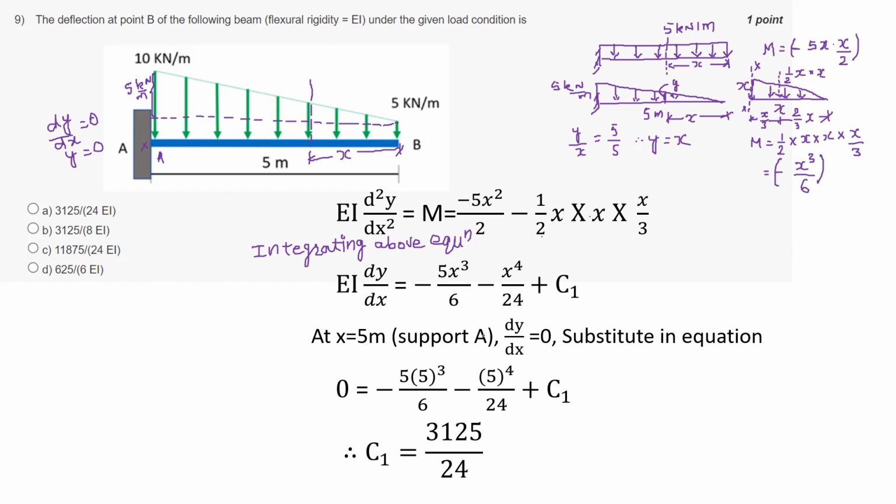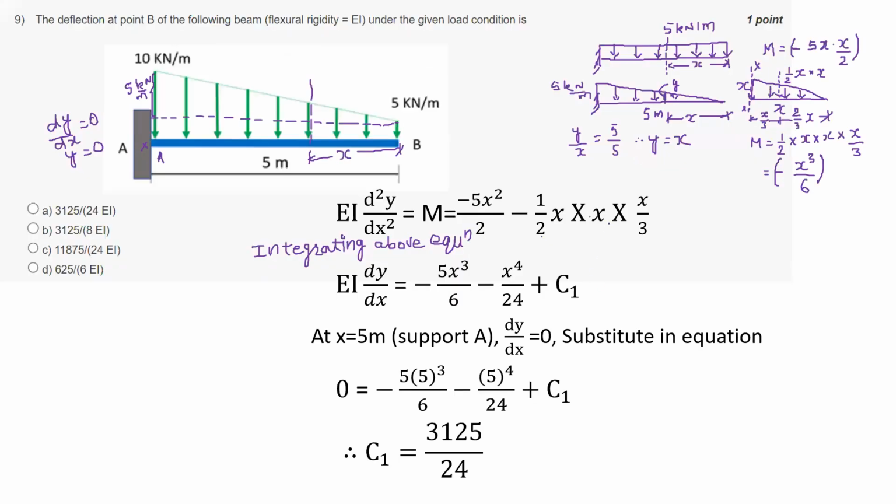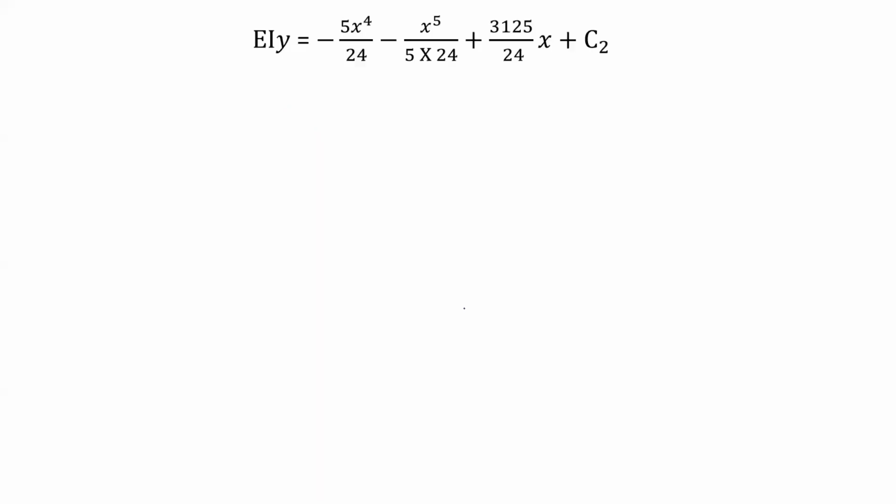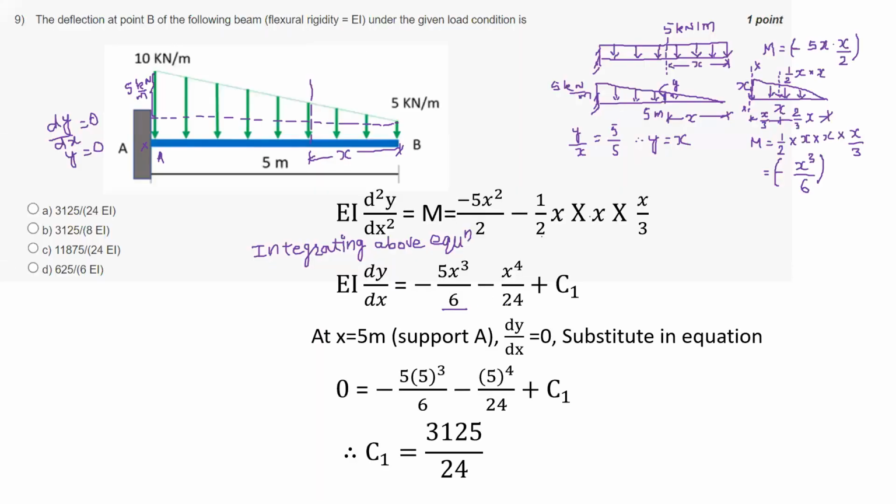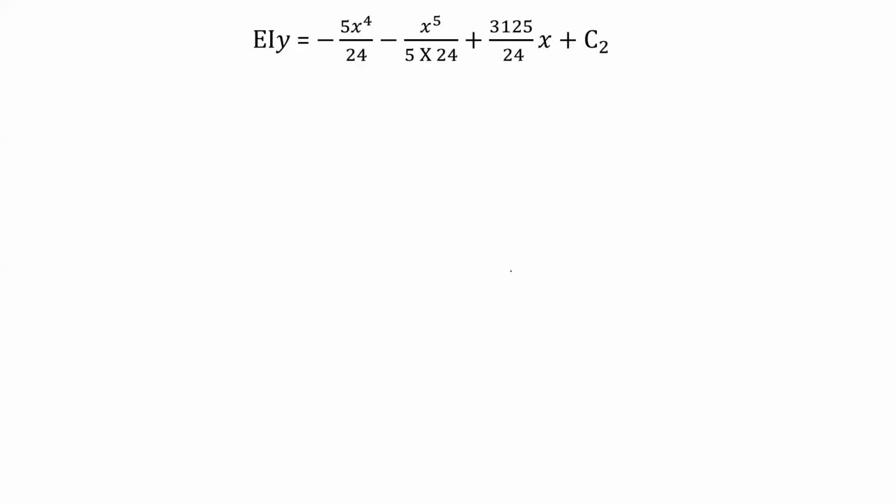Then we will integrate the above equation again. What will we get? EIy equals minus 5x cube upon 6, which becomes minus 5x to the power 4 upon 24. The second term, minus x to the power 4 upon 24, becomes minus x to the power 5 upon 5 into 24.